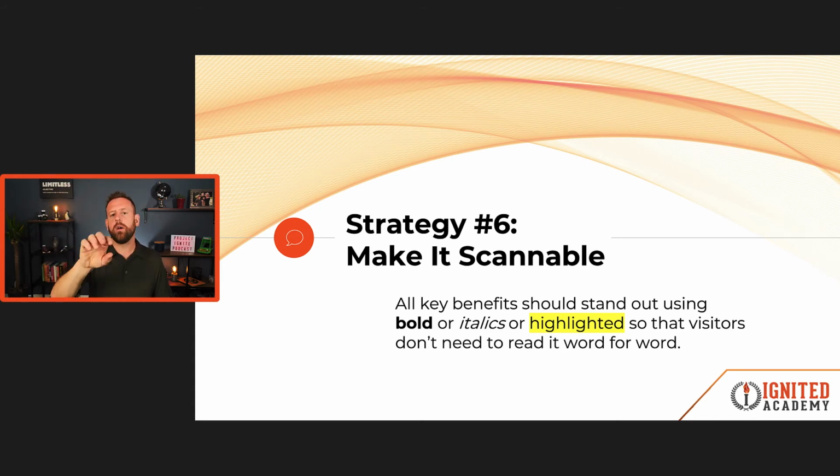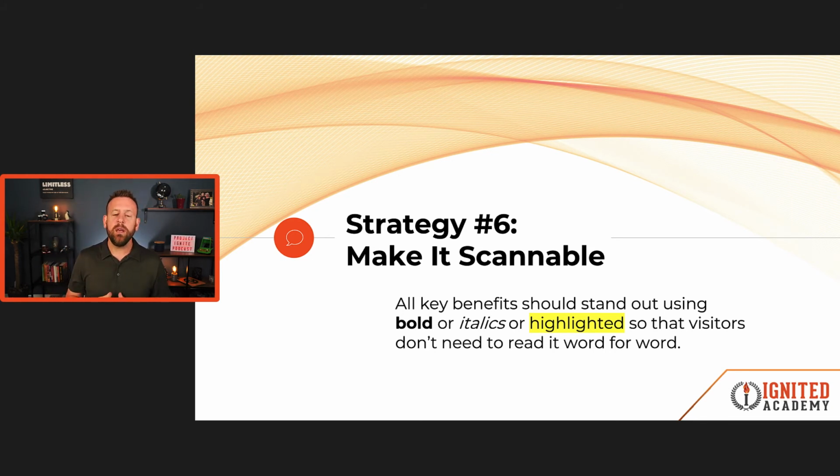And so you want to use bolding, italics, subheadlines, stuff like that to pull out key messages and benefits that support the headline. So as they're scanning, it's convincing them that yes, this is something they're really interested in. And something you'll notice, a lot of people will scan and immediately take action. But what the majority of people will end up doing is they read the headline, they scan the page, and if all the elements that stood out through bolding, italics, subheadlines grab their attention, now they're going to scroll back up and read it in more detail.